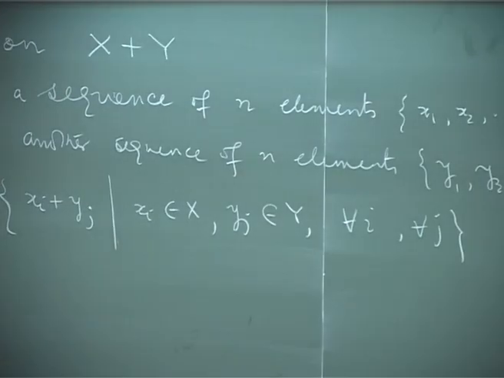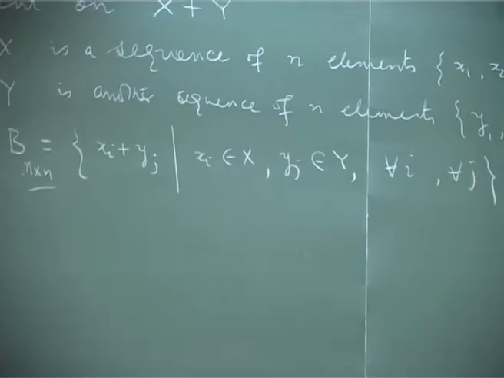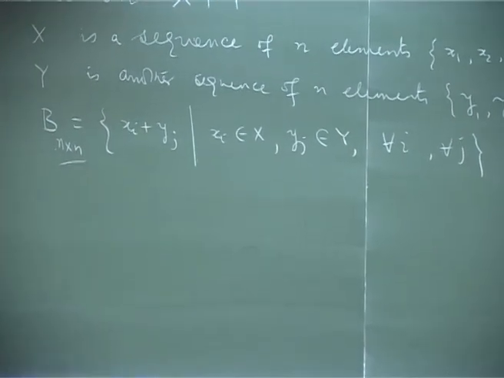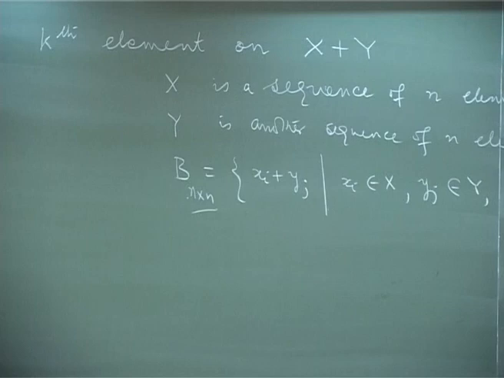So this B is an n cross n matrix. Agreed or not? Yes?